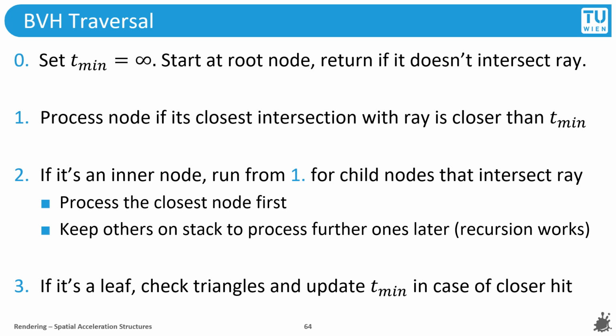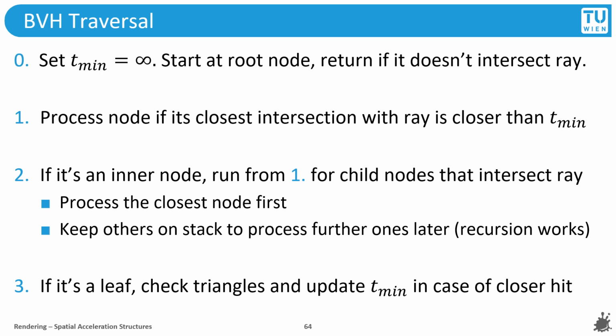If it is an inner node, we run again from point 1 for the child nodes inside that node that intersect the ray. And we process the closest child node first and keep all the others on a stack to process them later. And in terms of programming, again here, recursion for that is fine.